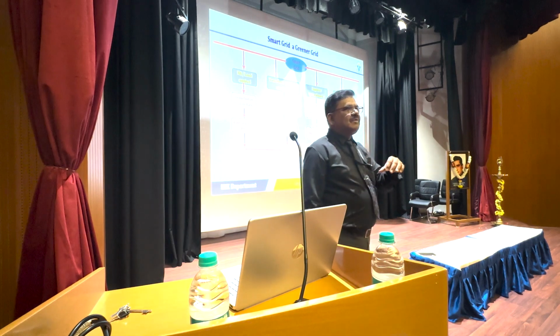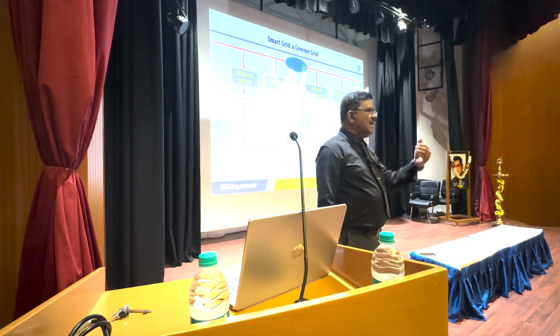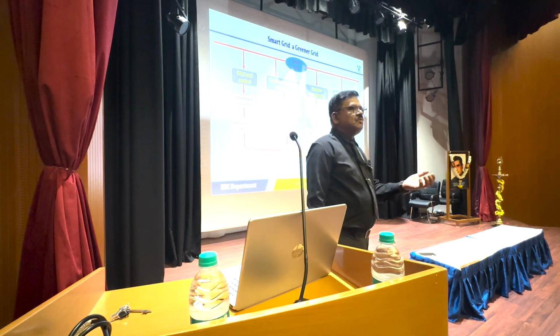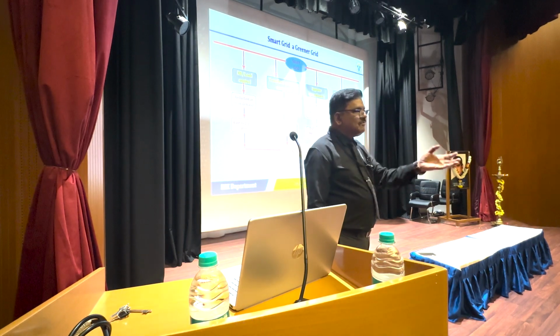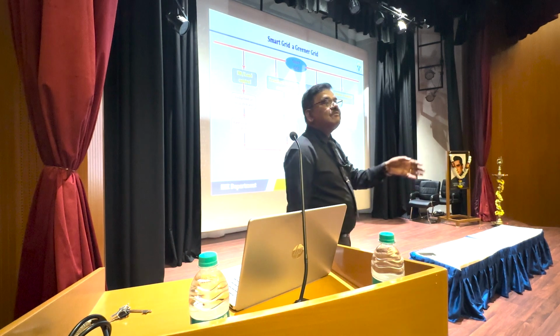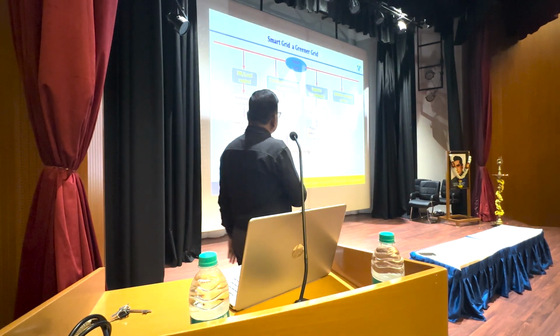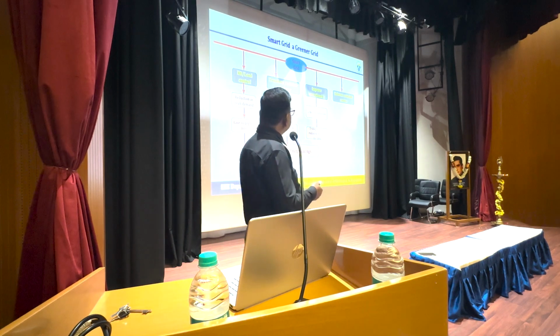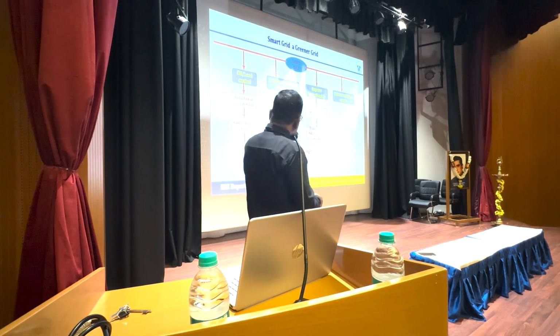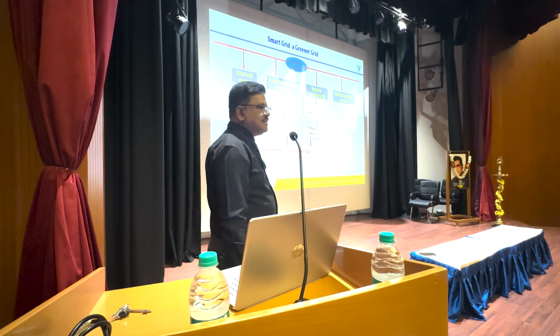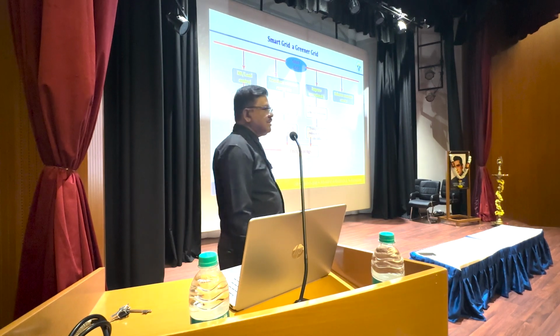Whenever smart grid is implemented, advanced metering infrastructure is going to come, in which smart meters are going to come. So all your conventional energy meters will be replaced with smart meters. So line loss reduction will be there because there is an increase in operational efficiency. Transportation is reduced through automatic meter reading. So obviously this will once again give you energy saving.